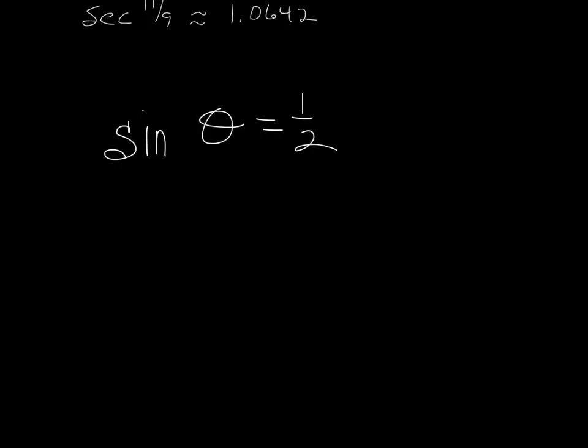It's pi over 6, and 5 pi over 6. How did you get 5 pi over 6? It's like 1/2 above the y-axis. And it needs to be in which quadrant to be positive? The second quadrant.